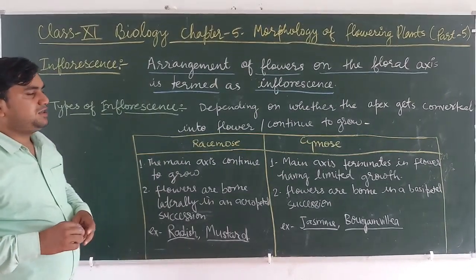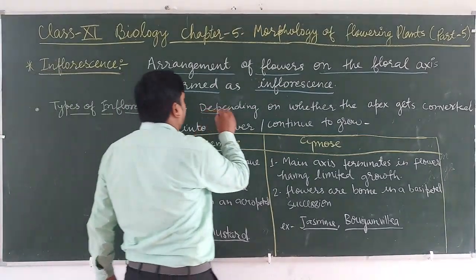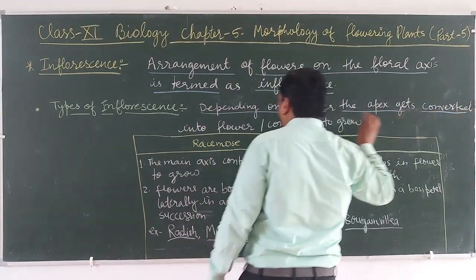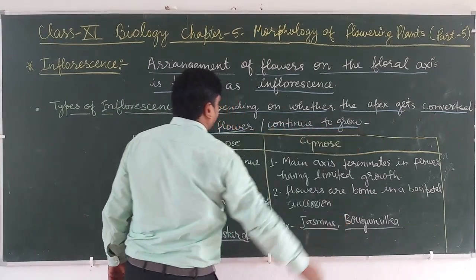Their types depend on whether the apex gets converted into a flower and continues to grow.